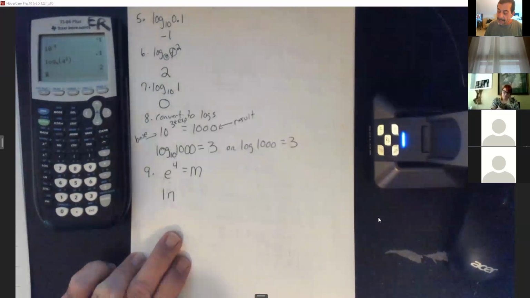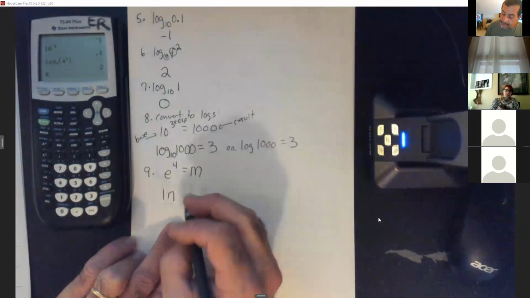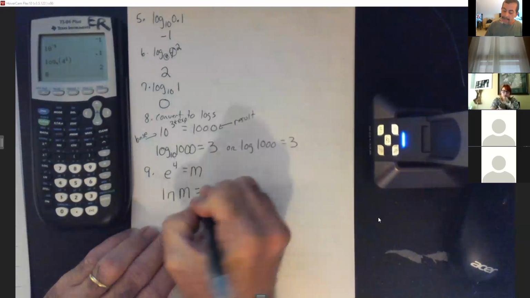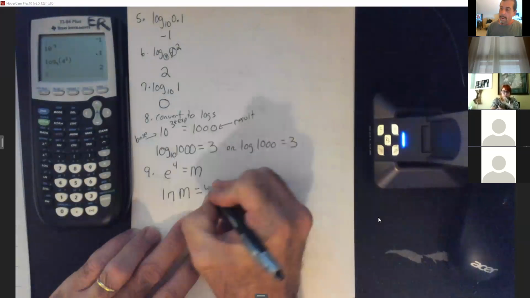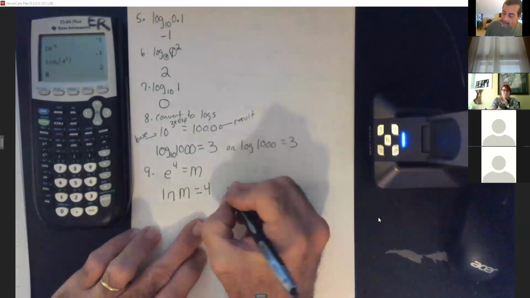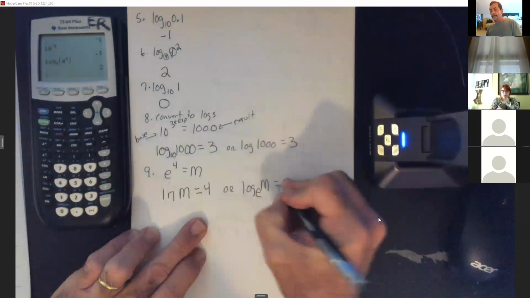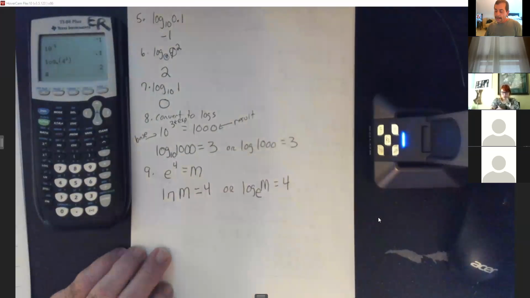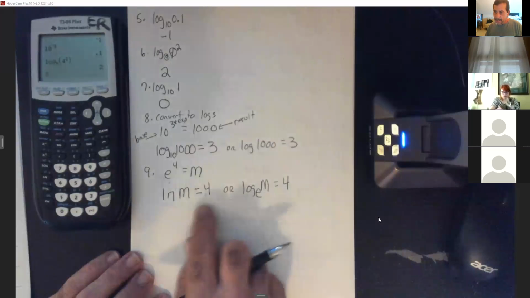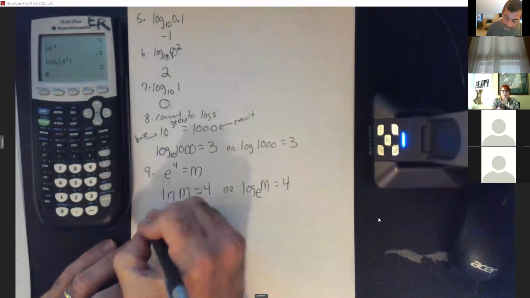Because remember, ln is a log base e. The result is the m, and that's going to equal the exponent of 4. It'll take it like that, or you could have actually did the log e of m equals 4. Either way. If you do it one of these two ways and it marks it wrong, I'll give you credit on that test, okay? It should take it either way, though.